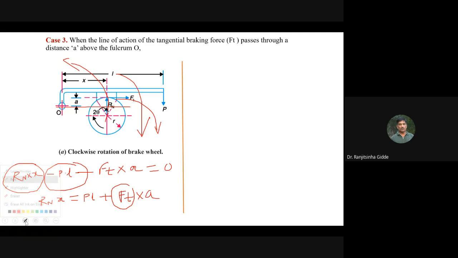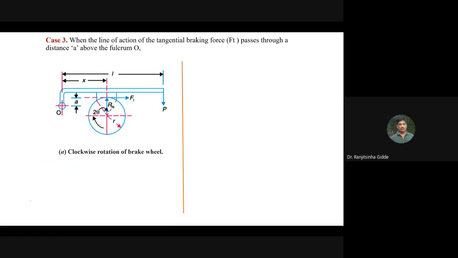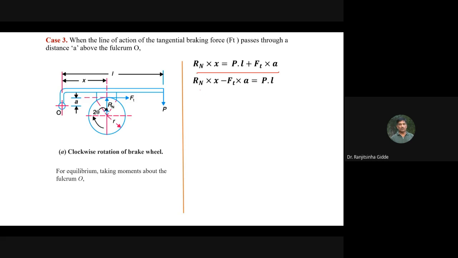So for equilibrium, taking moment about the fulcrum O, they have written directly the second step and they have equated anticlockwise moment and clockwise moment with each other. So this is next: Rn into x minus Ft into a is equal to PL.